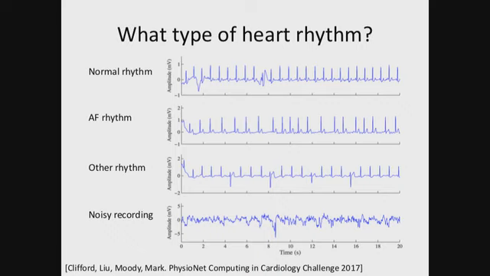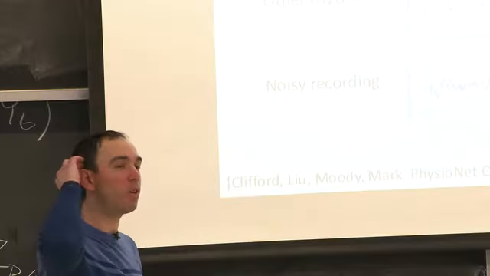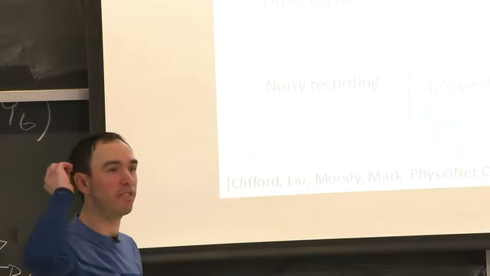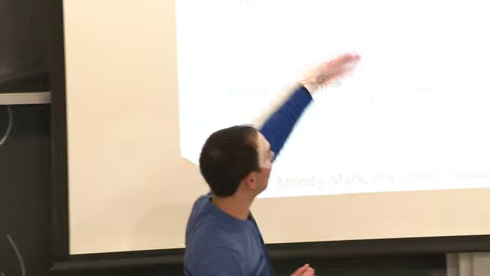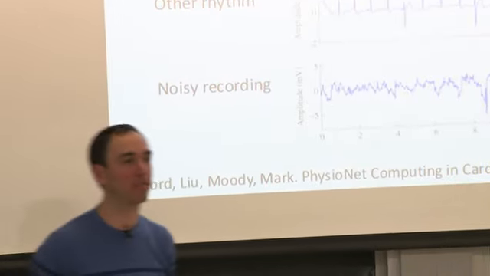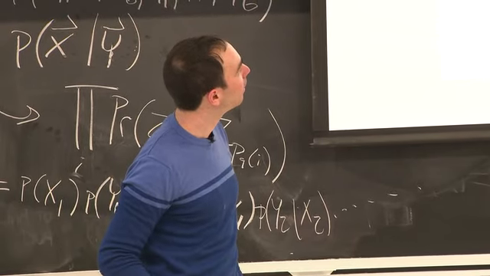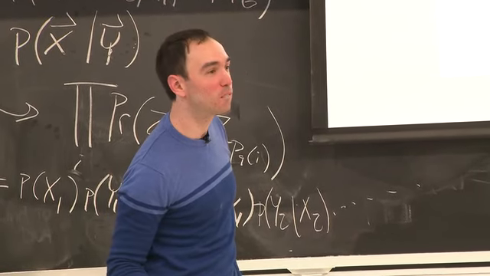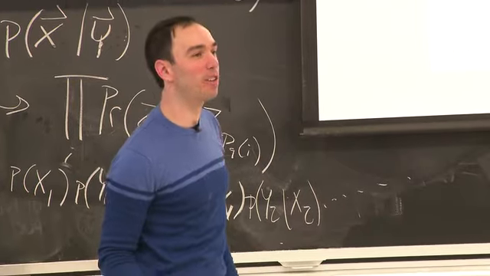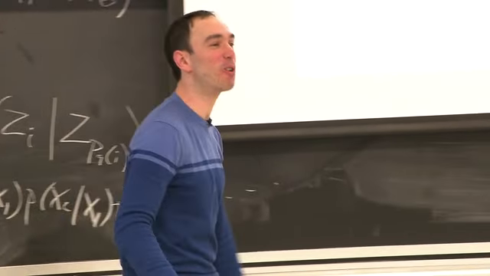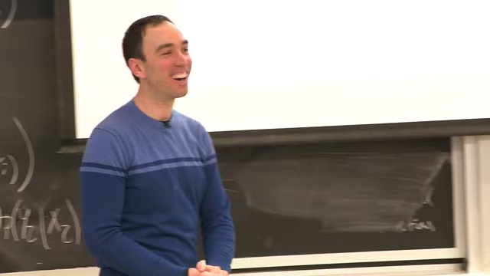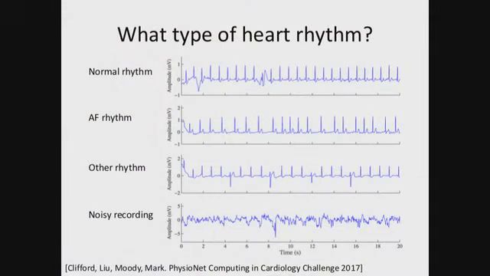Could some of you guess what might be predictive features that differentiate one of these signals from the other? In the back. "The presence or absence of one of the peaks, the QRS complex, like the key wave." So speak in English for people who don't know what these terms mean. "There is one large peak, which we can assume is like 1 millivolt, and there is another peak, which is sort of like, they have reverse polarity between normal rhythm and AF rhythm."